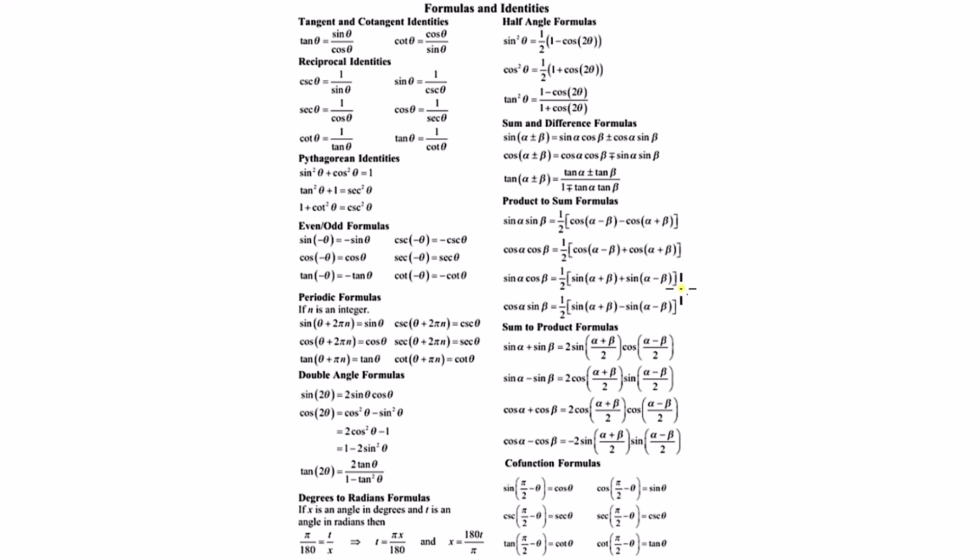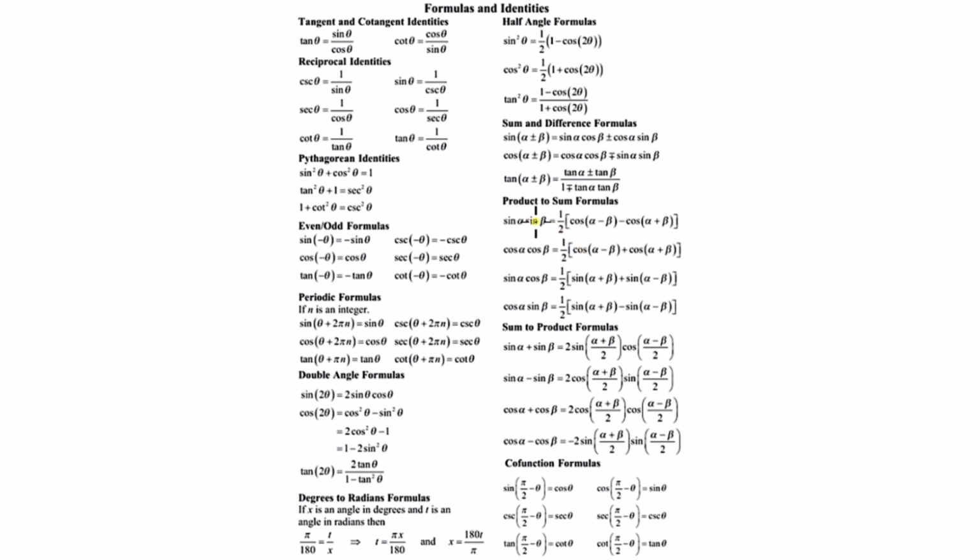We're going to start with the product to sum identities. The idea with product to sum is that we've got a product of trig functions, and we want to convert that to where there's no more product of trig functions anymore. It's strictly a sum or difference.